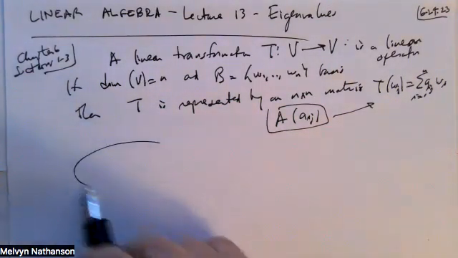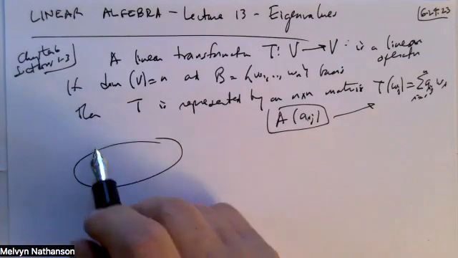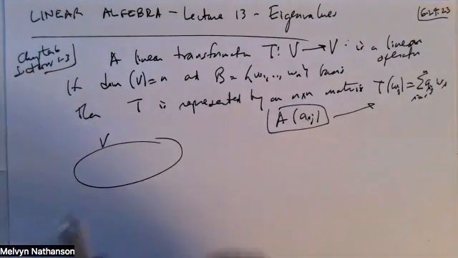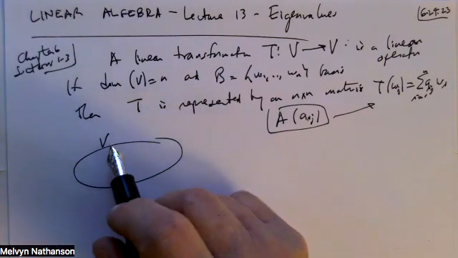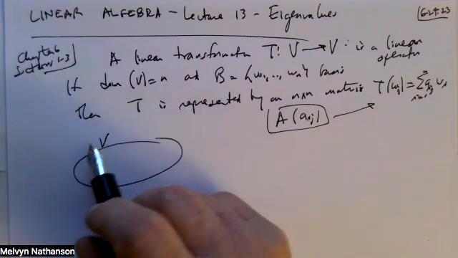So here's a picture, if you like. Here's T. Here's the vector space V, and T maps V into itself.